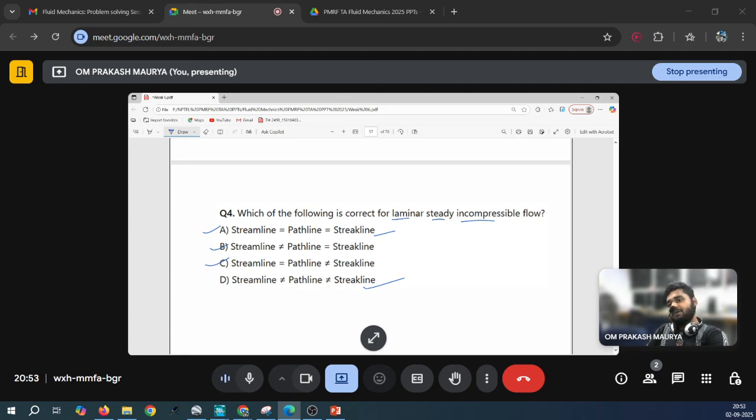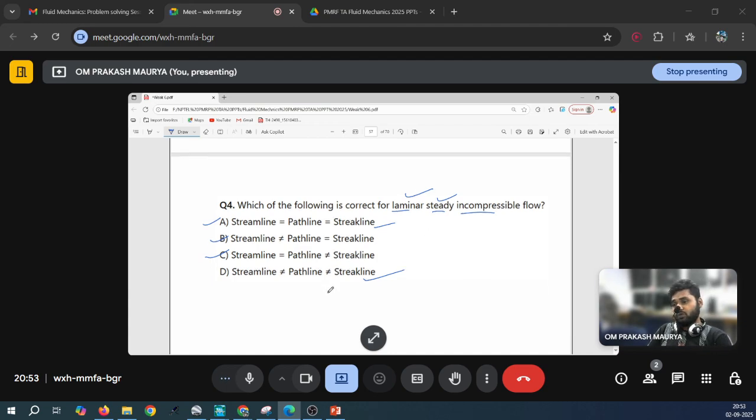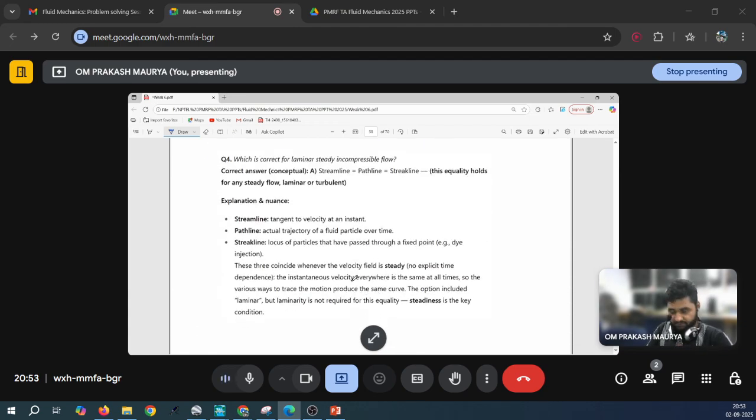Here you have laminar flow. So first you need to understand the definitions of streamline, path line and streak line. Let me just show you the definition. Streamline: tangent to velocity at an instant.